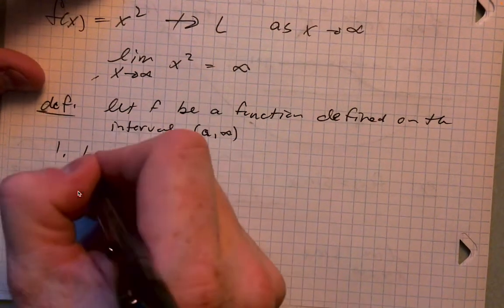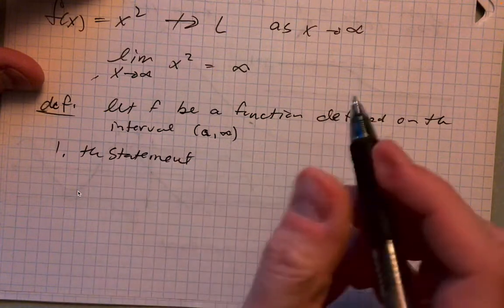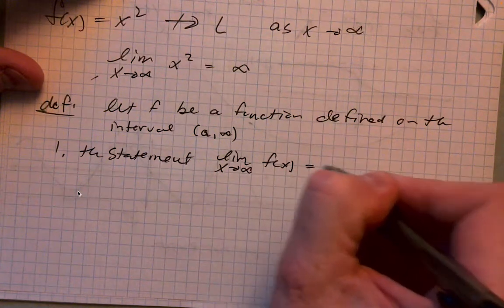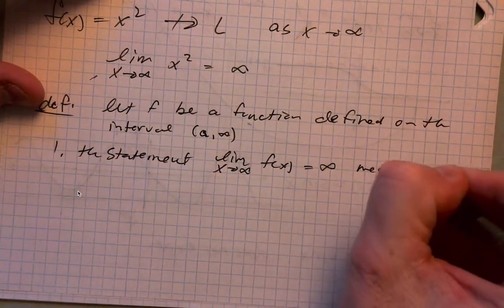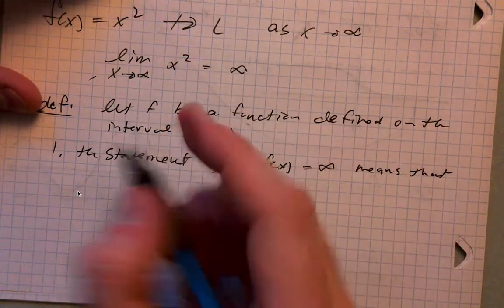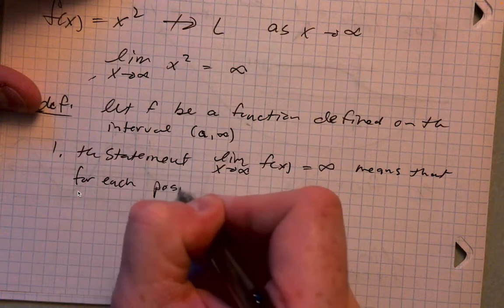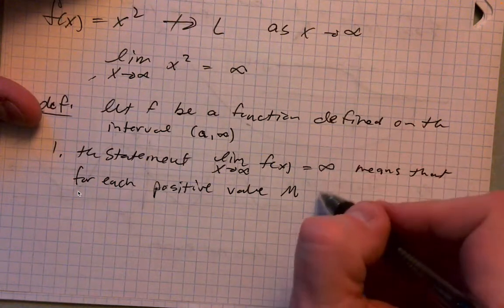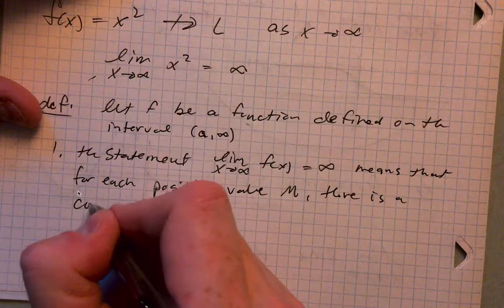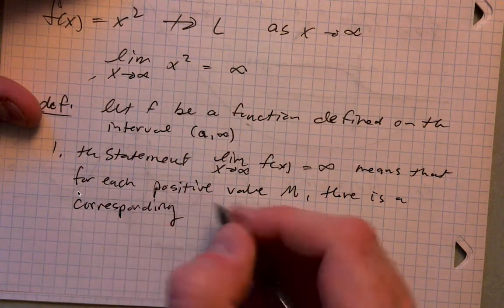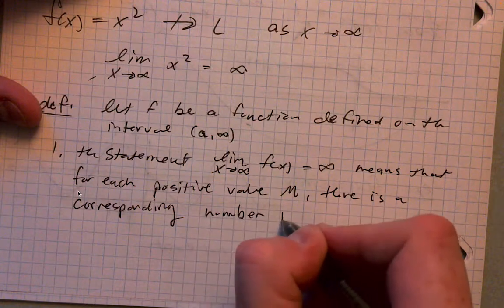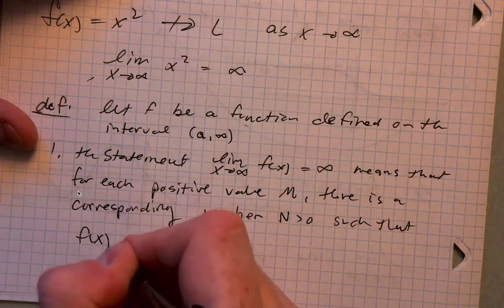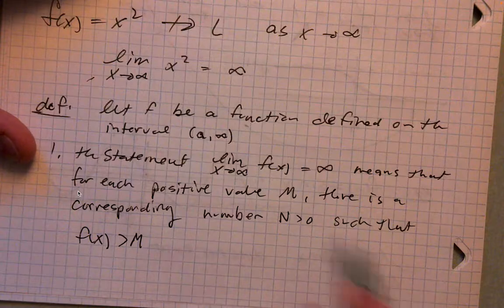Well, the statement that the limit as x goes to infinity of f of x equals infinity means that for each positive value m, there is a corresponding number n greater than 0 such that f of x is greater than m whenever x is greater than n.